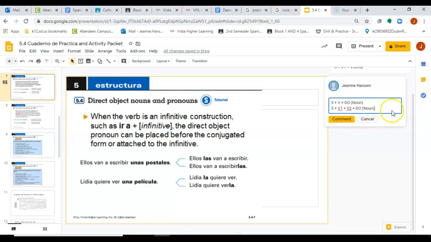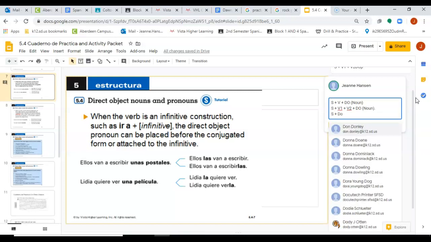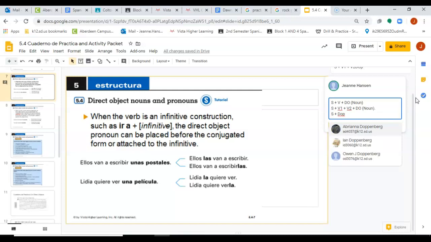So when it changes to now we're not talking about the movie, we're talking about it, then the pattern is going to change, and it can change to what we could do normally with a direct object pronoun, right? Or it could change to the newest one.